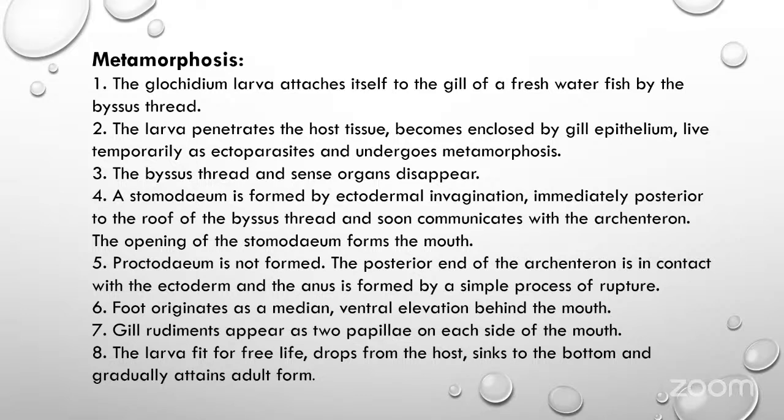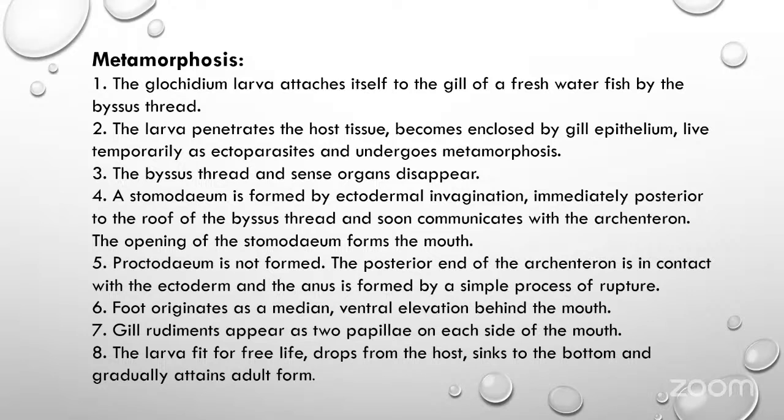A stomodeum is formed by ectodermal invagination immediately posterior to the root of the byssus thread and soon communicates with the archenteron. The opening of the stomodeum forms the mouth. Now, proctodeum is not formed.